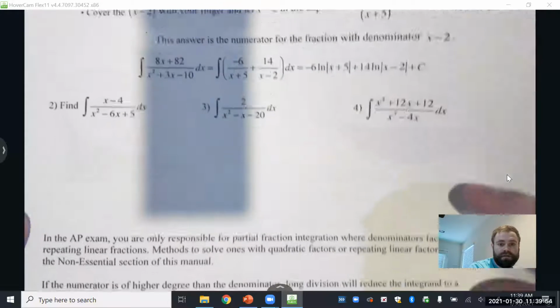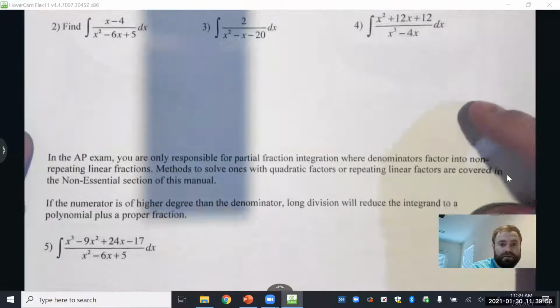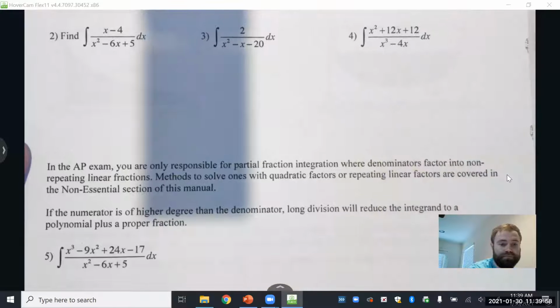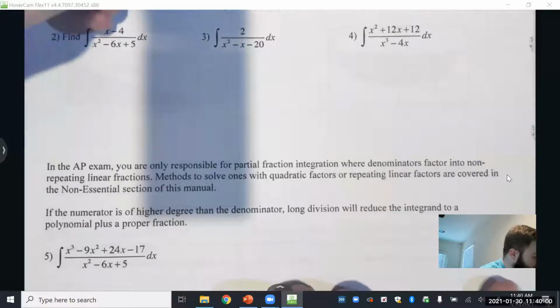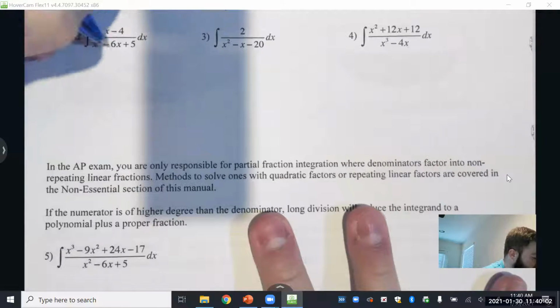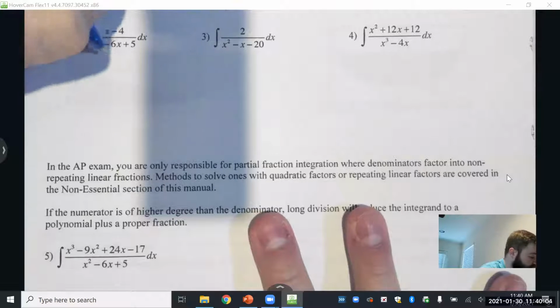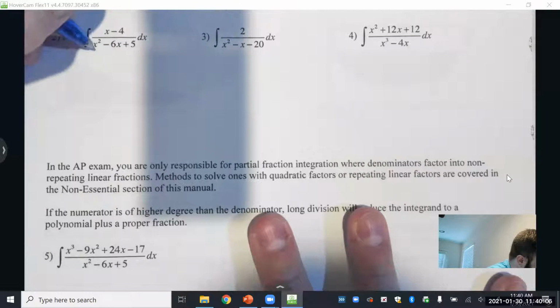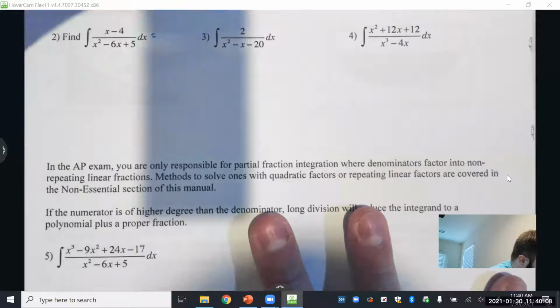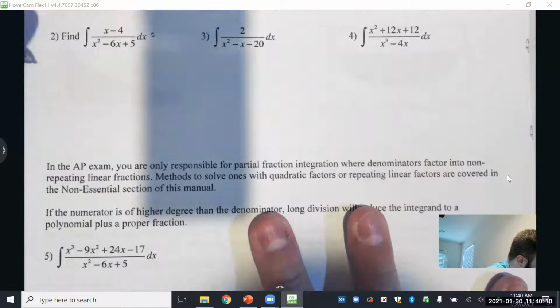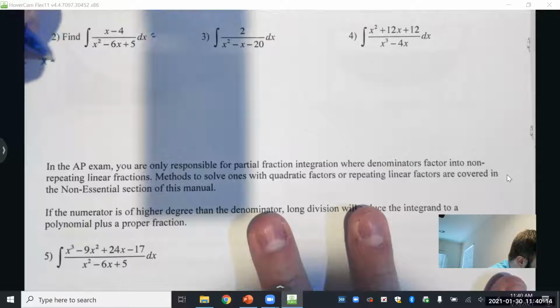So let's try that with this example number 2. So first, we need to identify what the factors are going to be. Well, we have x minus 4 on top.